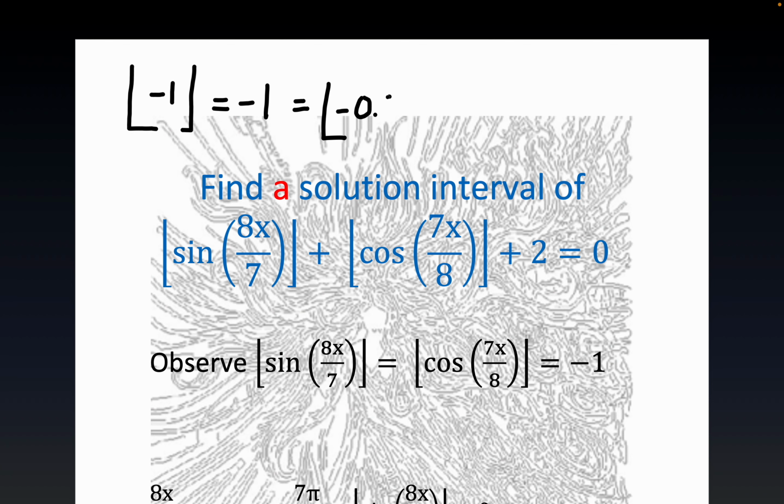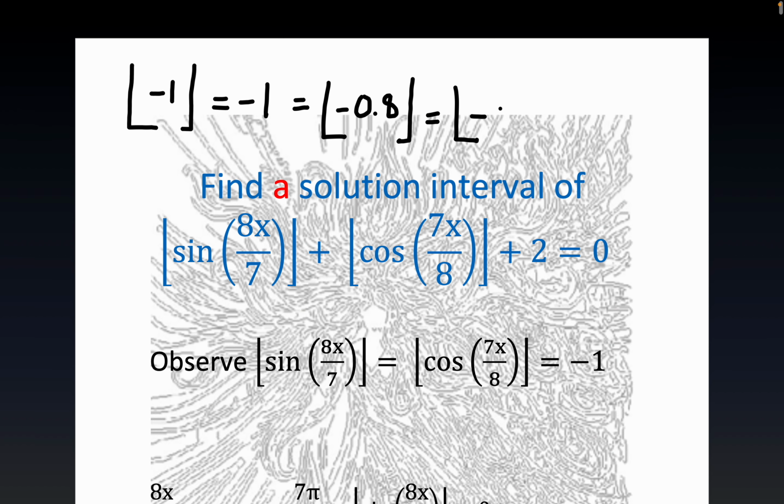Okay. -1 is the greatest integer less than minus 0.8. And just another example would be, you could go really low, we'll do minus 0.02, something ridiculous like that.